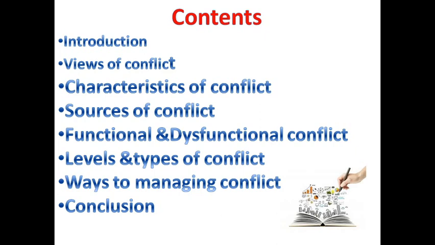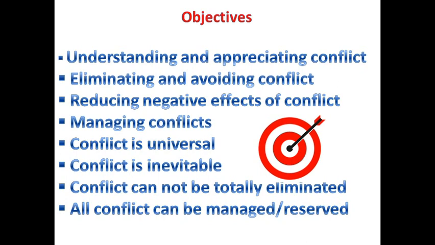Introduction, views, characteristics, sources, functional and dysfunctional, levels and types, ways of managing conflict, conclusion. Next one is objectives. Our main conflict management objective should be to reduce the harmful effects of workplace incompatibility swiftly and effectively.